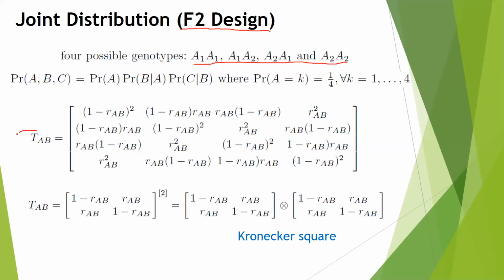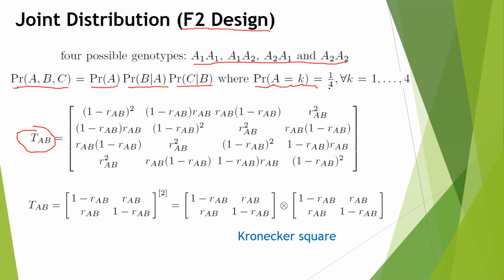This is how we define a transition matrix from A to B in an F2 design. The probability of A and B and C will be defined in the same way, because this is also a Markov chain. We start from A, and the state of the second step only depends on the state of the first step, and so on, right? But the first thing which is different from the backcross design is here.